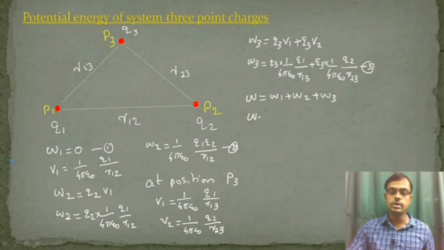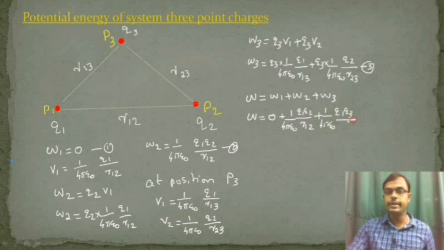So W is equal to W1, which is 0, plus W2, which we have written in equation number 2, 1 by 4 pi epsilon 0 Q1 Q2 divided by R12, plus W3, which is 1 by 4 pi epsilon 0 Q1 Q3 divided by R13 plus 1 by 4 pi epsilon 0 Q2 Q3 divided by R23.